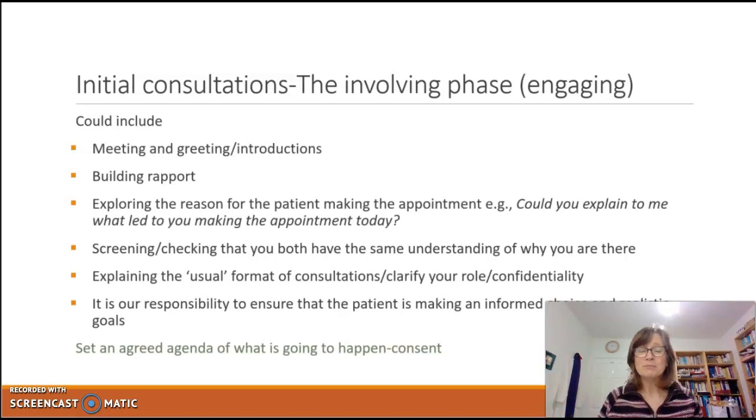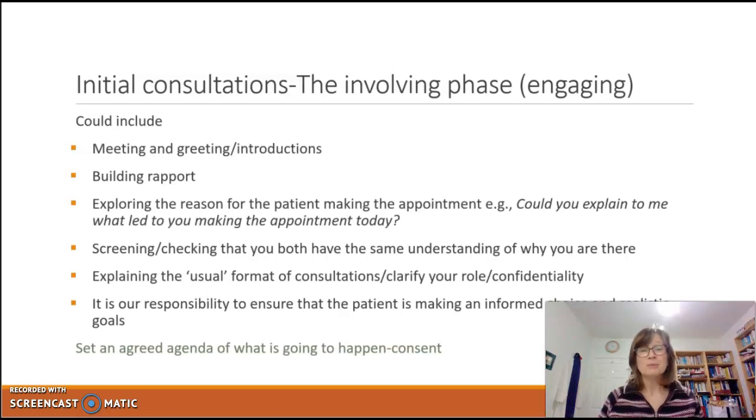And we've got that bit of rapport building, a little bit of small talk and welcoming to make people feel at ease. And then, as you've already done, we might be exploring the reason that the patient made the appointment.